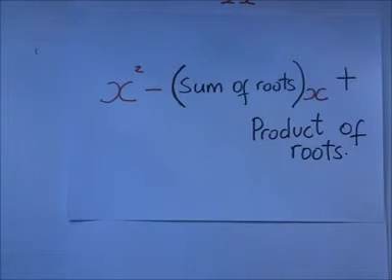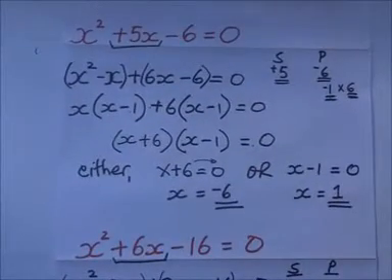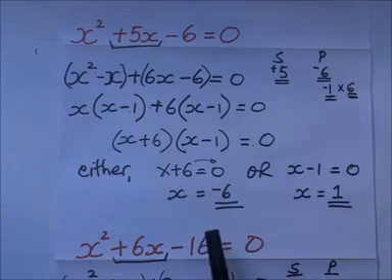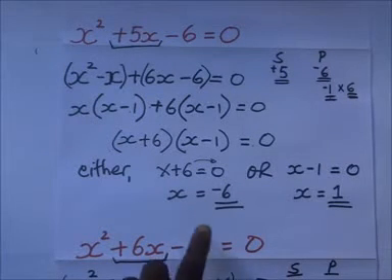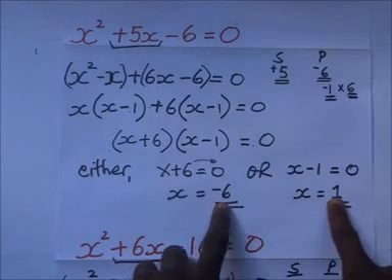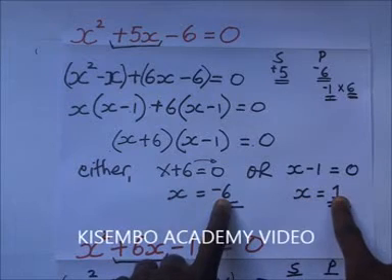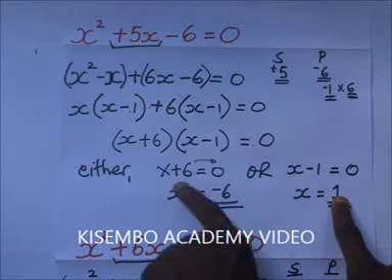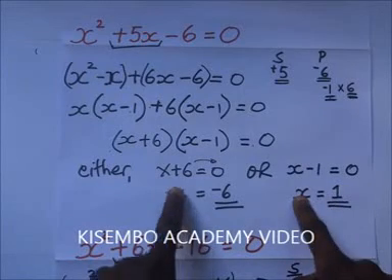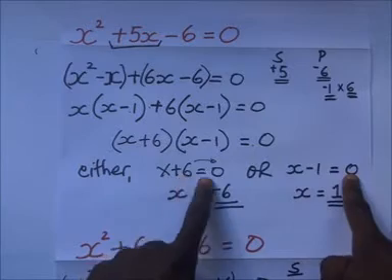But before we demonstrate it, let's look at one of the numbers we have done, and we try and follow through. If you look at this number we just did in one of our earlier videos, we've been given that this is the root of 6 and that's the root of 1, it means that if x is equal to 6 and x is equal to 1, you're going to have to first take this back and this one back to get that step. x plus 6 and x minus 1 is equal to 0.